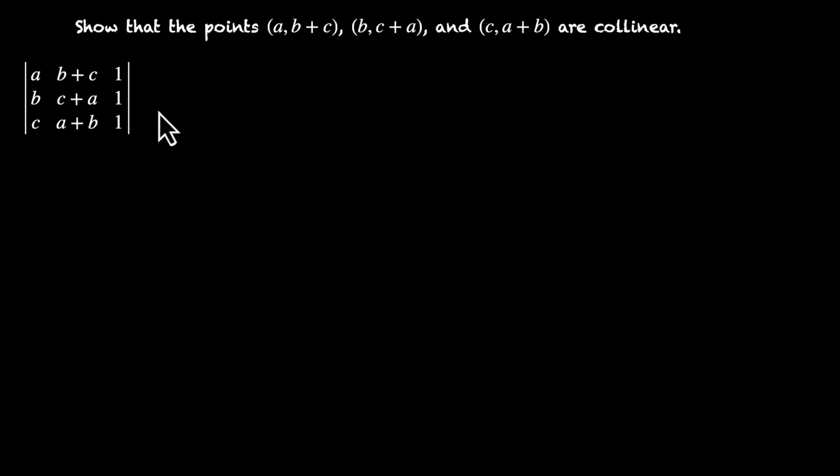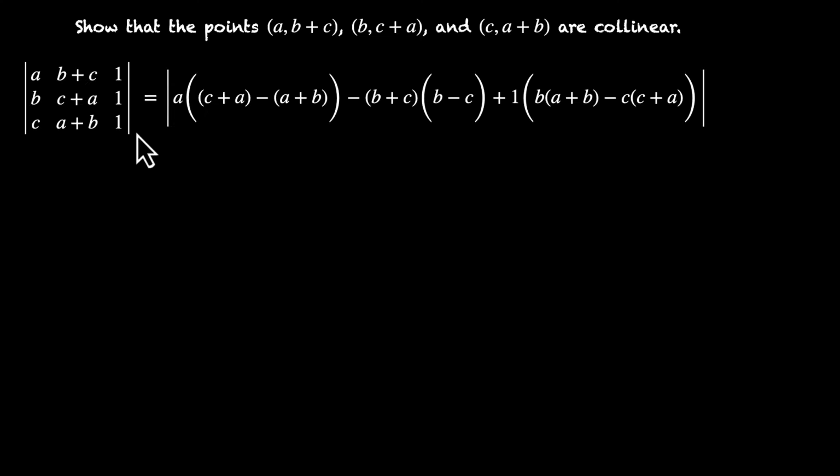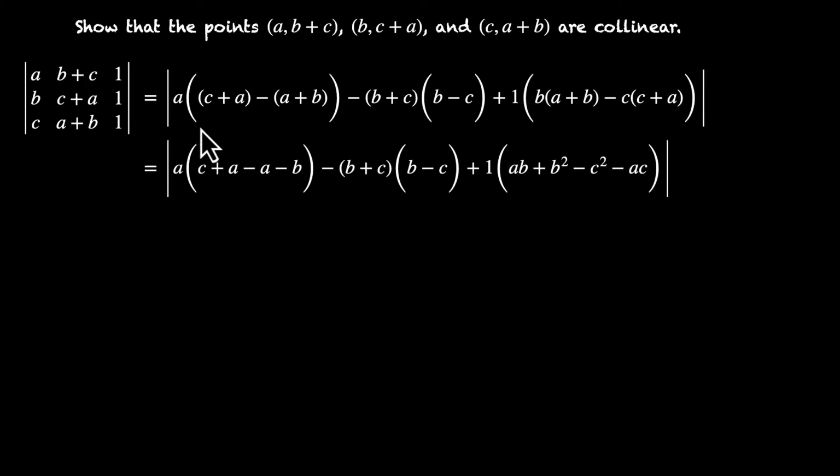Let's expand this. We have a times (c+a minus a+b), minus (b+c) times (b minus c), plus 1 times (b times (a+b) minus c times (c+a)). This becomes a times (c+a minus a minus b), minus (b+c) times (b minus c), plus 1 times (ab + b square minus c square minus ac).